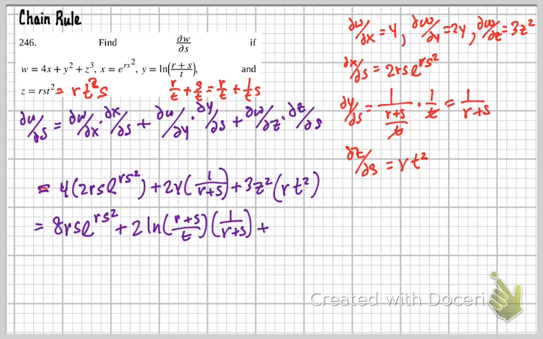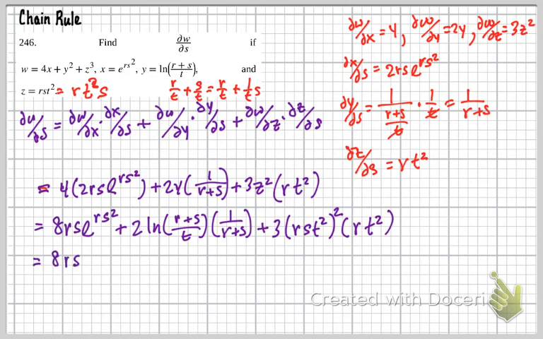And then that's plus 3, and in place of z, I'm going to put rst squared times rt squared, because I'm plugging in for z here. And I got a little 2 above it, so I have to have that squared there. That's where that comes from, just in case you lost track of that. A lot of stuff going on here.